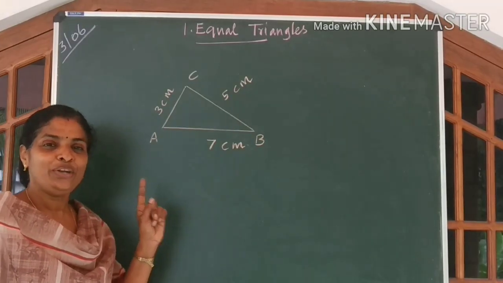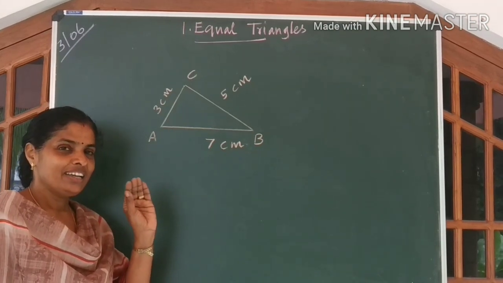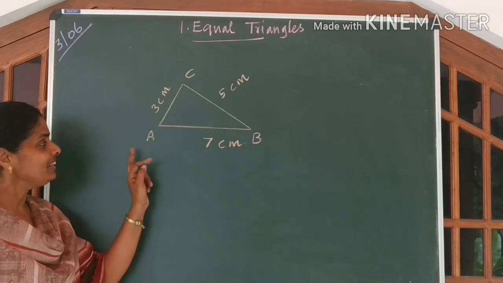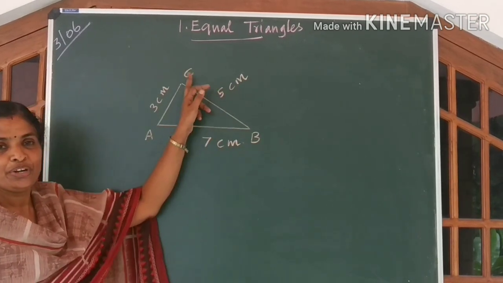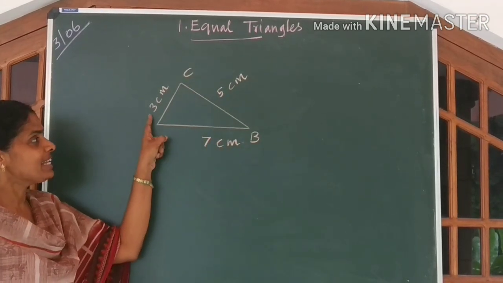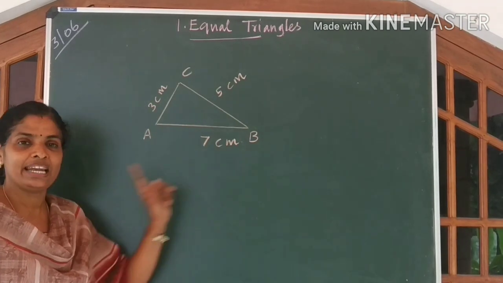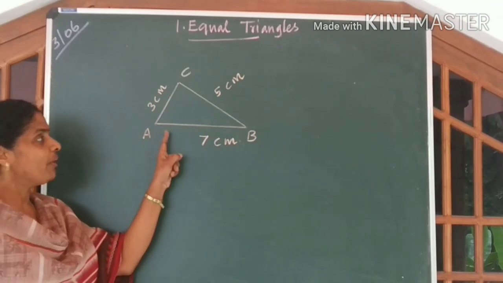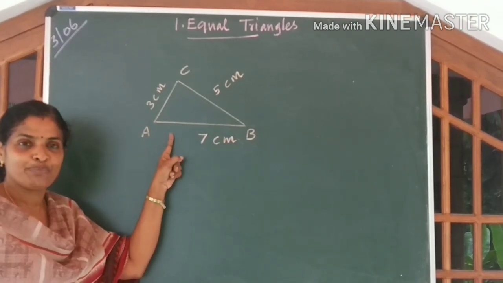Children, I will teach you another important idea. Look at the triangle ABC drawn with measurements 3 cm, 5 cm and 7 cm. You all should draw a figure like this in your notebook.